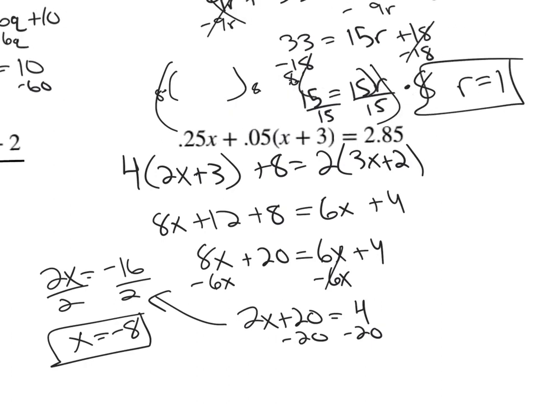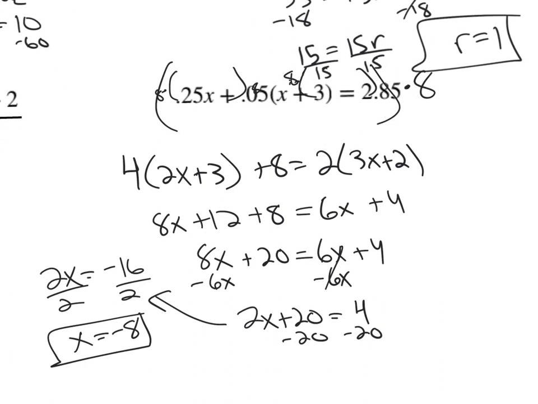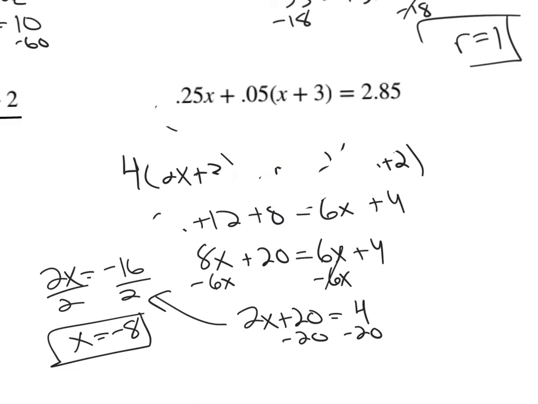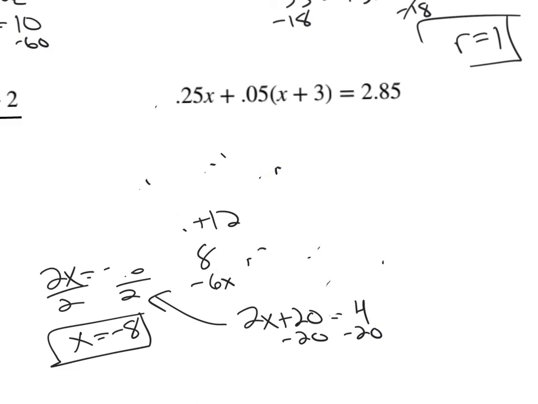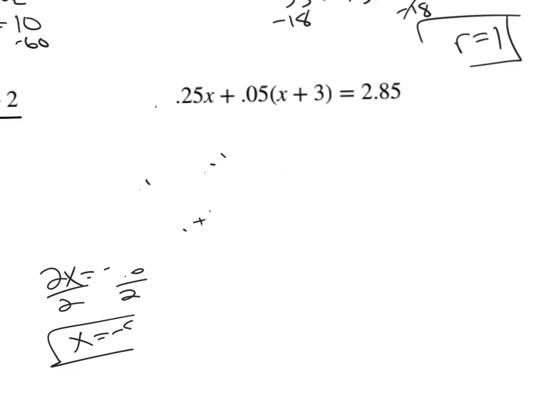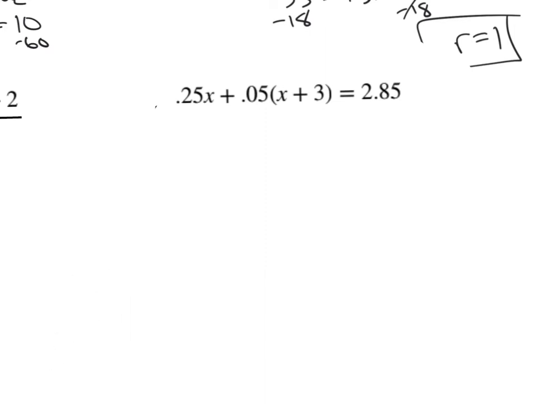Last one here, we just have some decimals. 0.25x plus 0.05 times x plus 3 equals 2.85. And so here we're just going to distribute like normal.